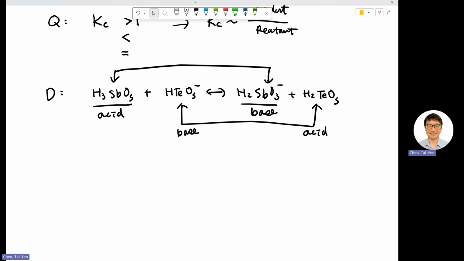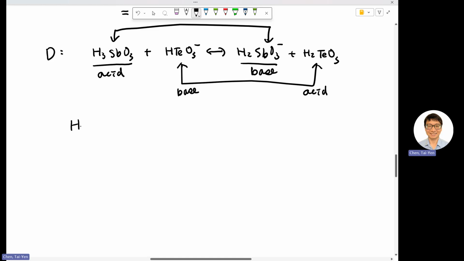Everybody follow what I say? This is a very technical way to compare the strength of these two acids, disguised using Kc as a parameter. So now you need to make a decision.